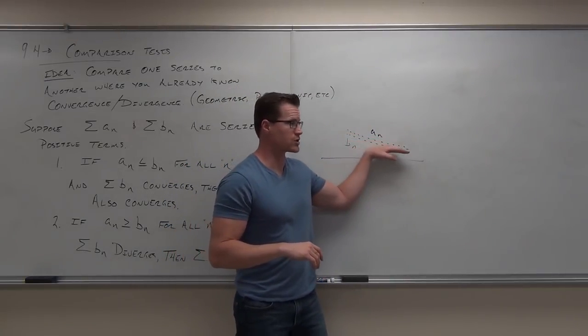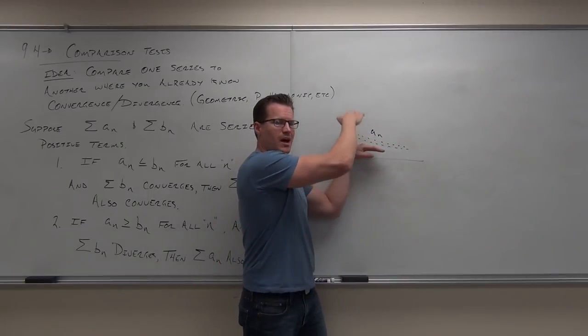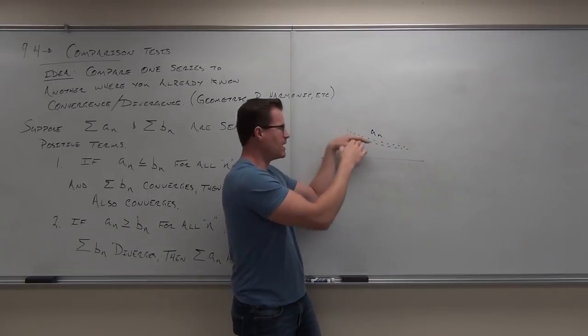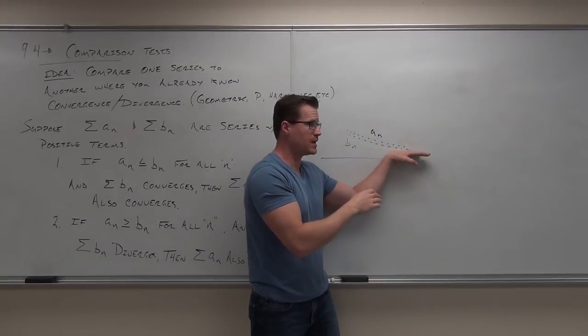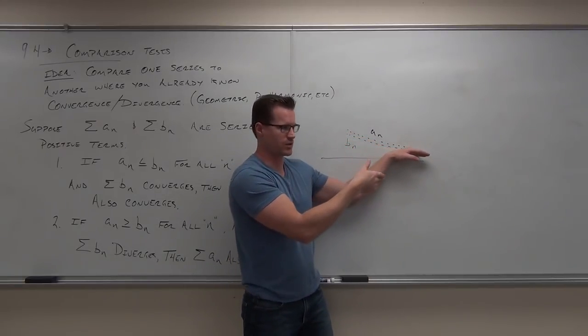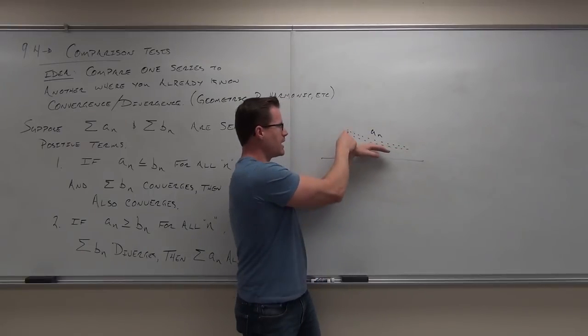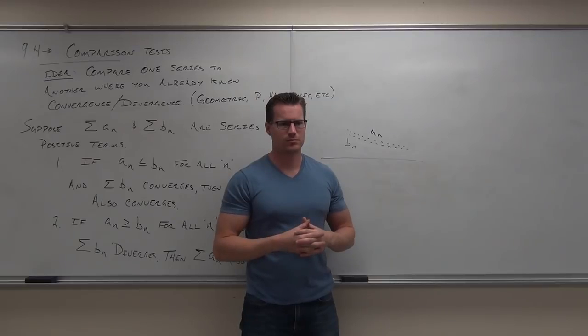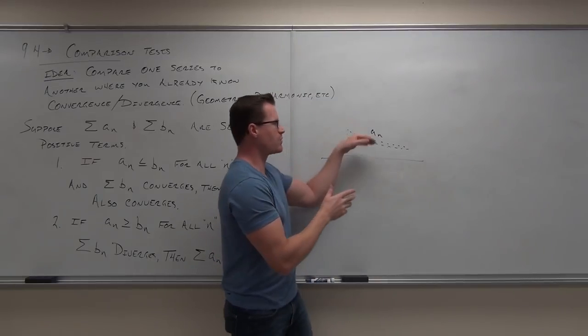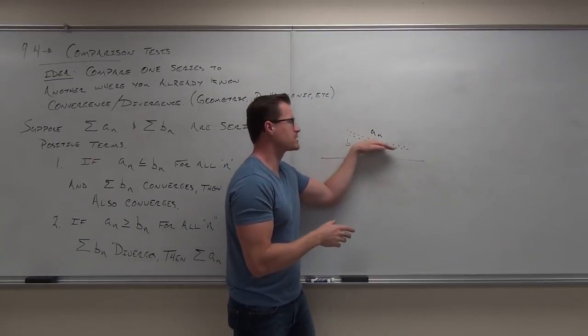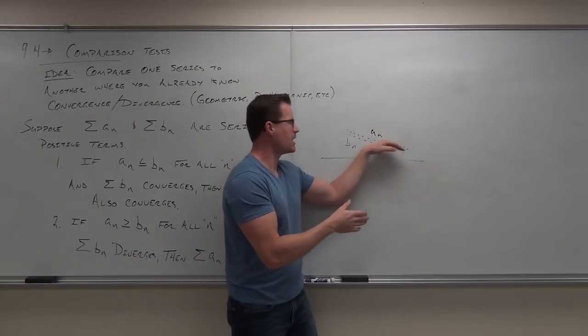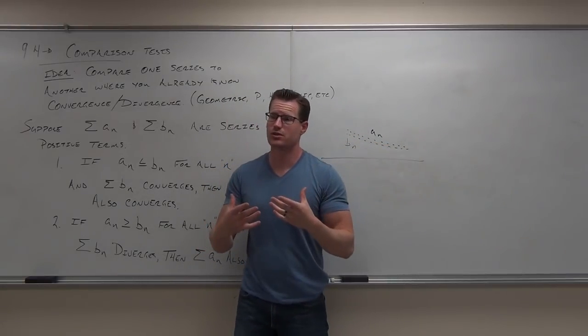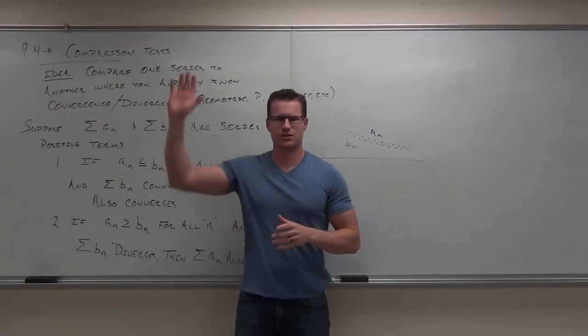If A sub n is also a little bit bigger every single term, where's the series of A sub n going to go? It's going to be bigger than that. Since it's term by term bigger, if I add up all these terms and it diverges, then if I add up terms which are slightly larger, it's also going to diverge. Show of hands if you understand that idea.